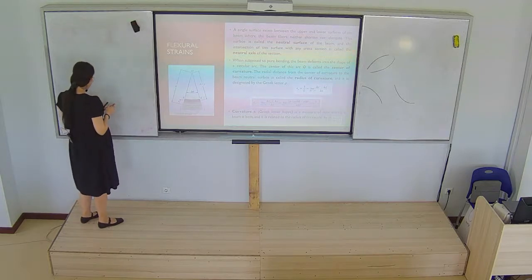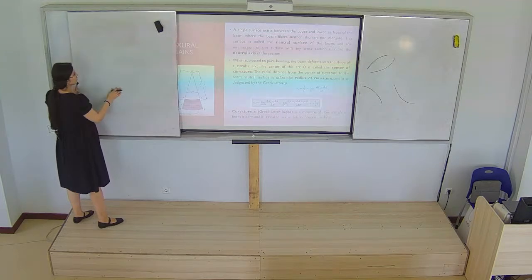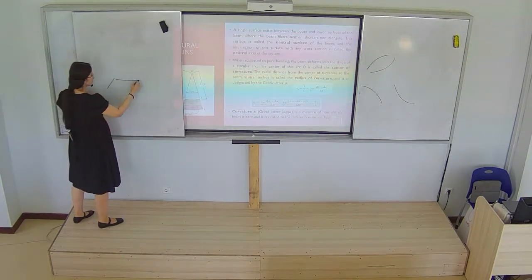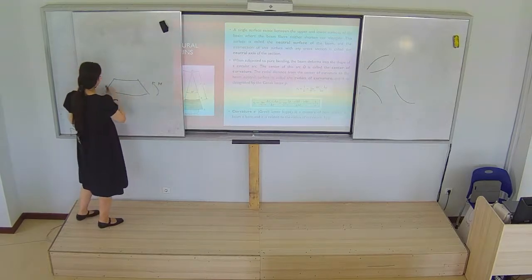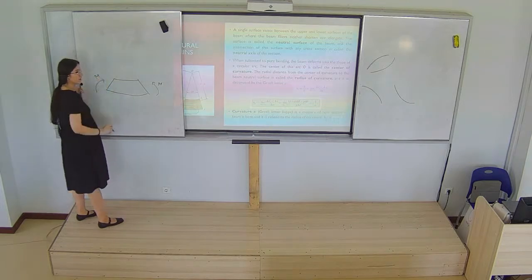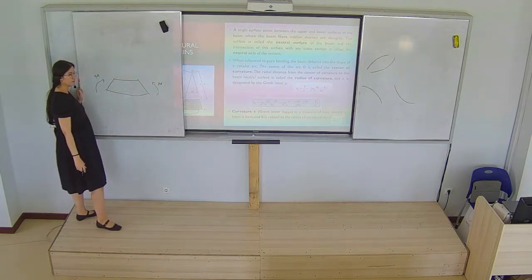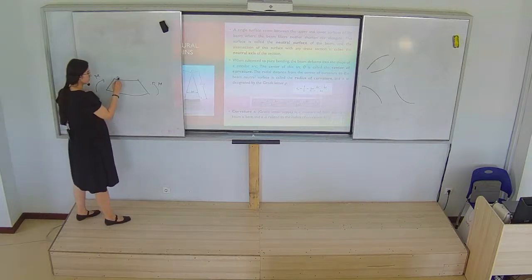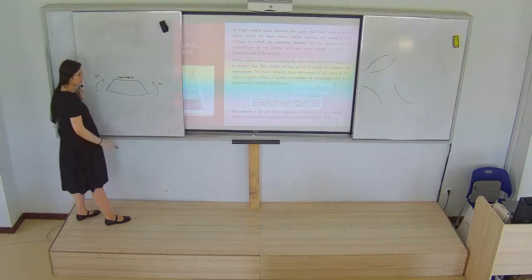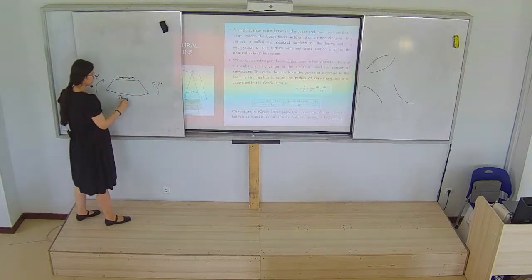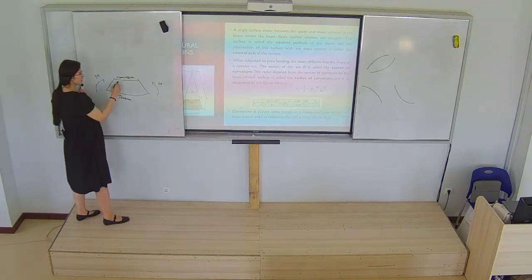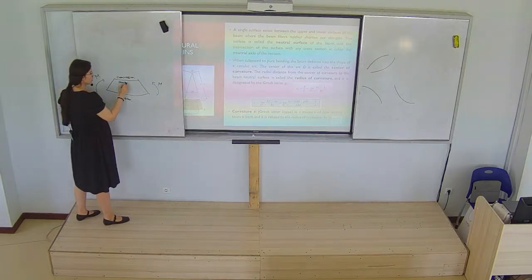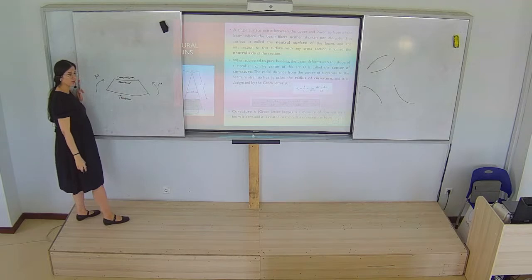So, if we have a beam and the moment is acting from both sides, this moment is the bending moment, right? The upper part will be in compression. The lower part will be in tension. It means that our length in the upper part will be shortened, right? And the lower part will be elongated.